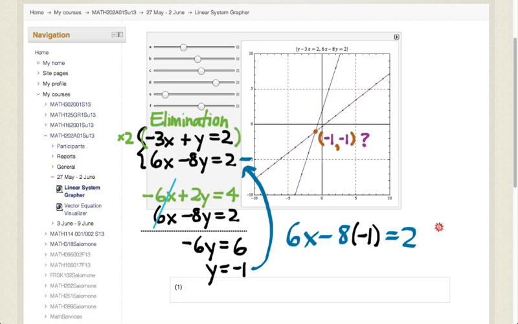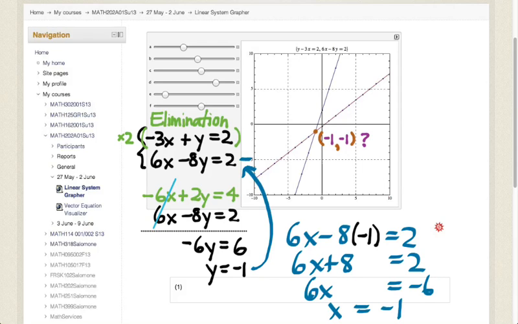And from here, it's just a couple steps to find the solution for x. Subtract 8 from both sides and divide by 6. And so, as we predicted from the graph, we got lucky. The solution of our linear system of equations is indeed x equals negative 1, y equals negative 1.